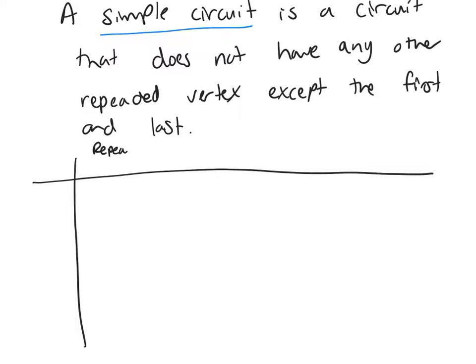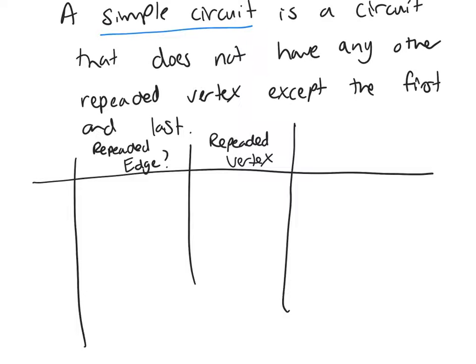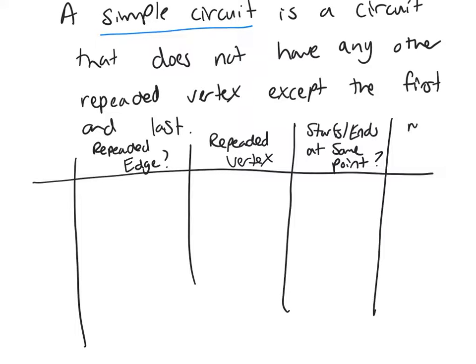Repeated edge, repeated vertex, starts and ends at the same point, and then must contain at least one edge.